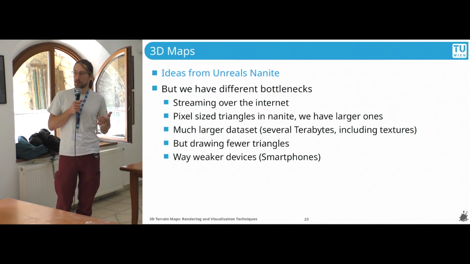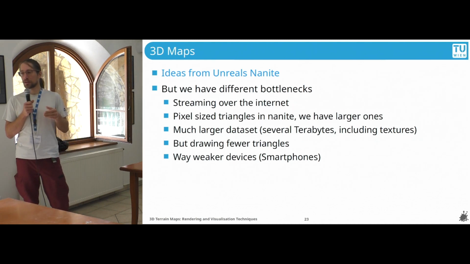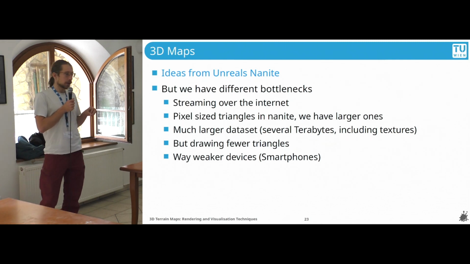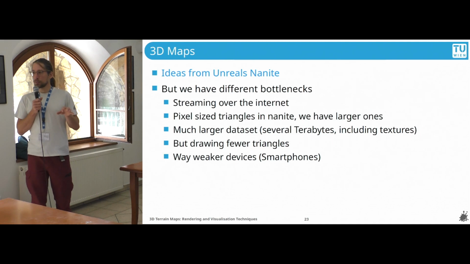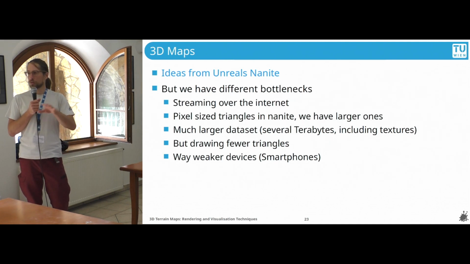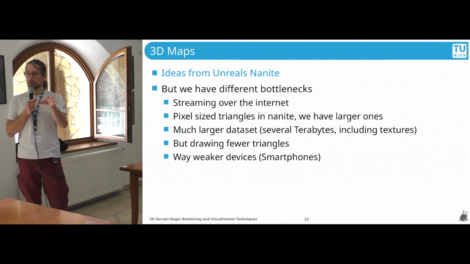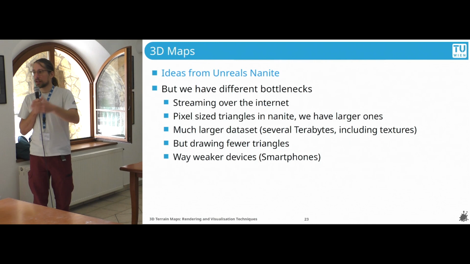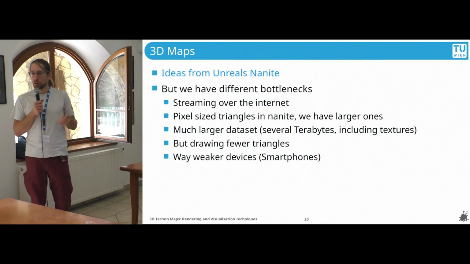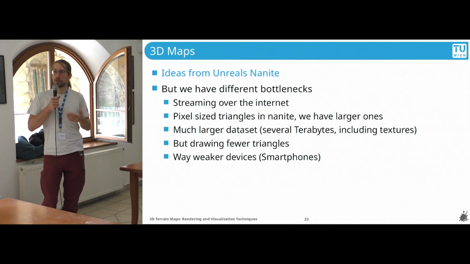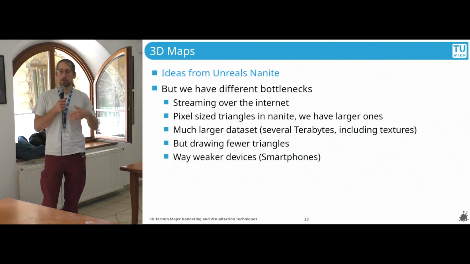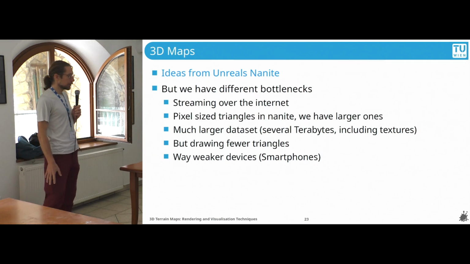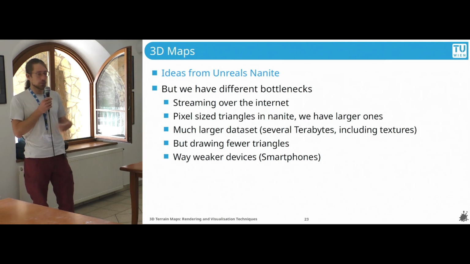What Nanite tries to do is to have triangles which are about the size of a pixel. But they don't have internet streaming, they're streaming only from the hard disk, or not even that, everything is on the GPU. And then it's only about selecting what they render so that they have enough budget. Also, they expect relatively big GPUs with compute, etc. We actually want to render on the mobile phone, and we have a mobile phone app.